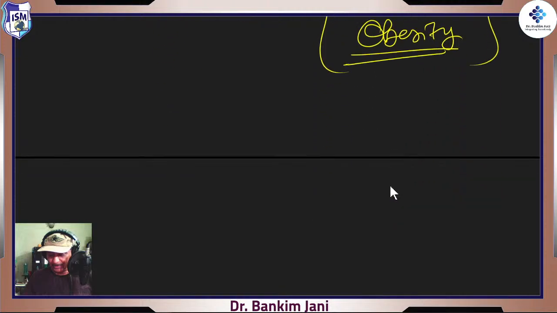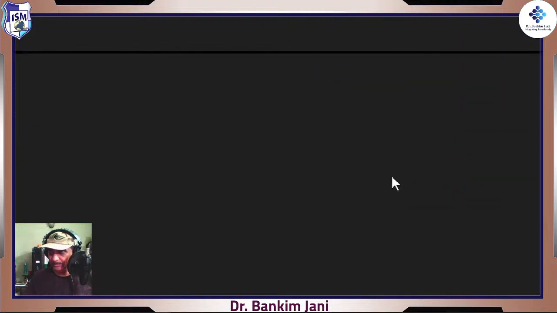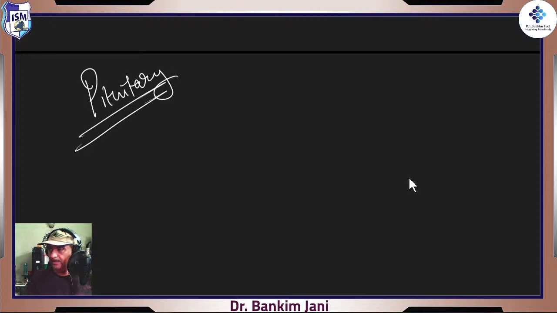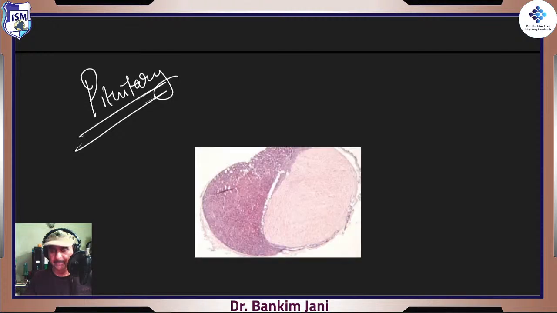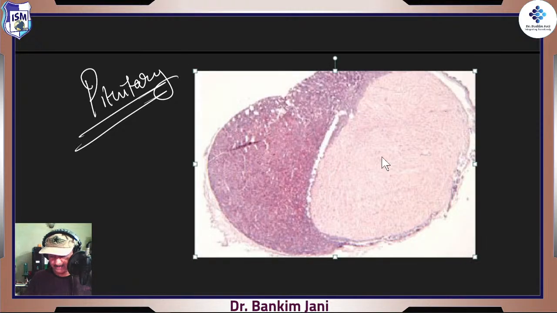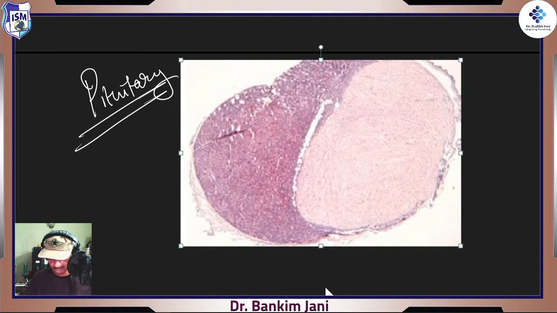Okay, now we move on to, it's time to call the pituitary, right? Pituitary. And I am adding one figure, where is it? Here it is. That's right. This one is to see the histology of the pituitary.